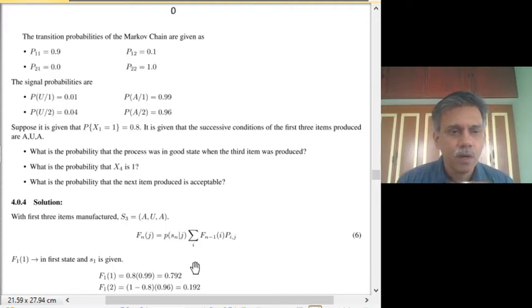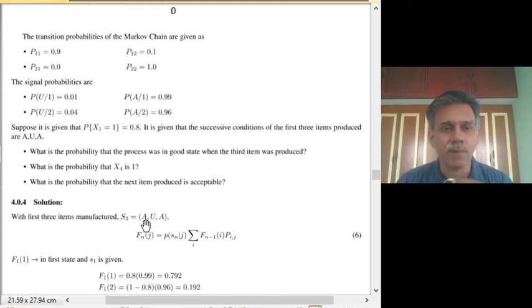So finding F11 is rather easy. What does it indicate? It indicates the combined probability of the machine being in state 1, which is a good state, and the item being manufactured being acceptable. Always this is given and we have to take it. There is no choice of thinking that the item being manufactured is unacceptable in state 1 at the first time.